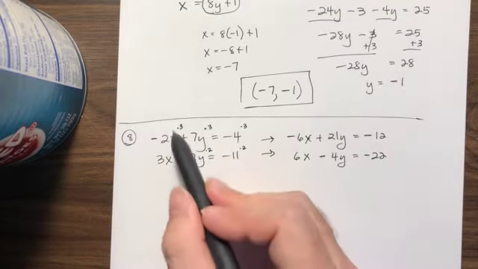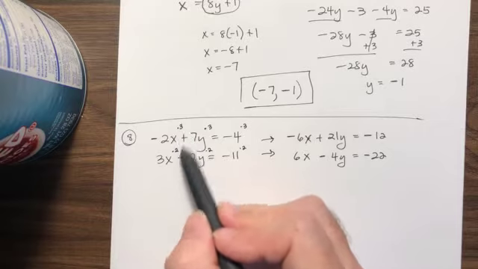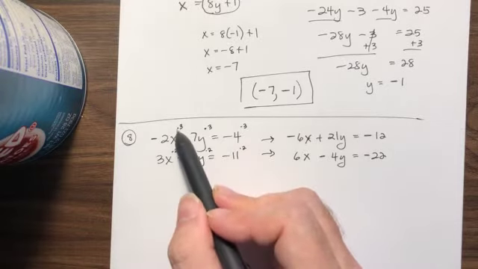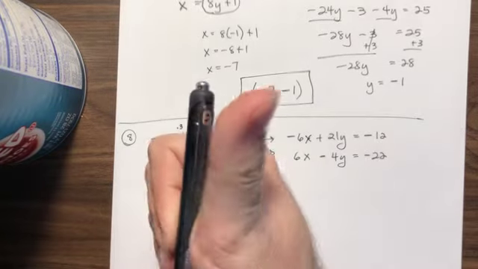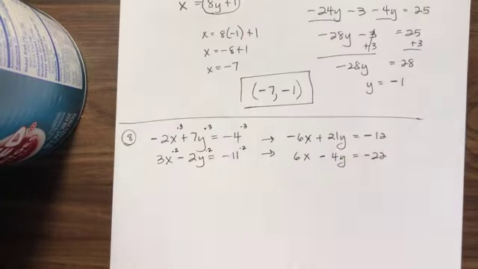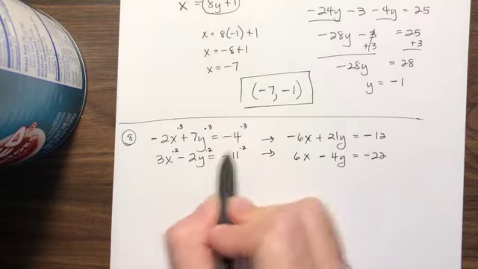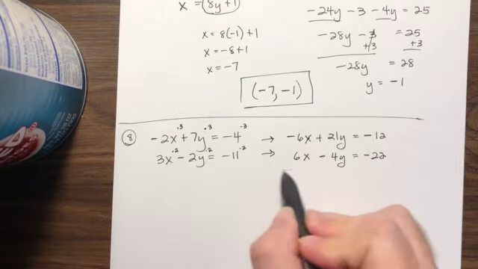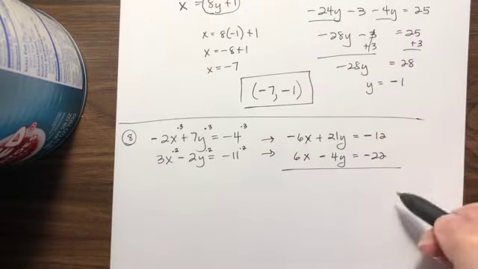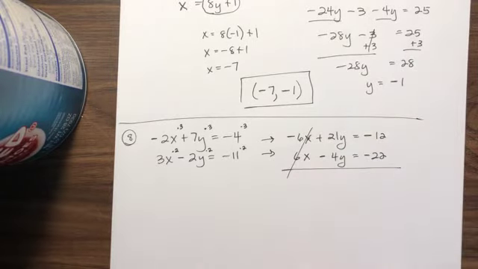Okay, so I looked at one letter, x, and I said, how do I make them opposites? Well, I multiplied this guy by 3, this guy by 2, and they'll both be 6. One will be negative, one will be positive. Bing, right, bing. And then the rest of them, I multiply by the same number in the full equation, and I get this. Now, I'm going to combine like terms. These two cancel.